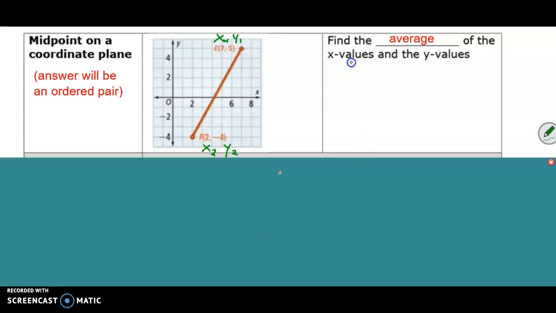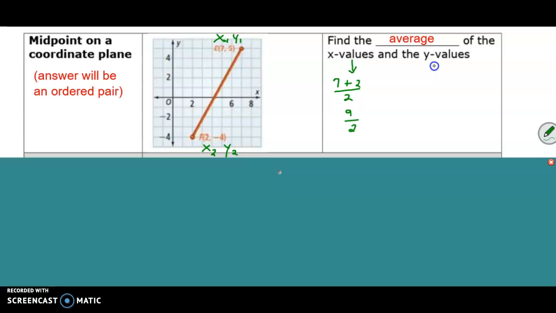All right, so to find the midpoint of that segment, I'm going to find the average of the x values. So my x1 was 7. My x2 is 2. 7 plus 2 divided by 2. 7 plus 2 is 9, divided by 2. Again, you could divide that out and get 4.5, but I'm just going to leave it as 9 halves.